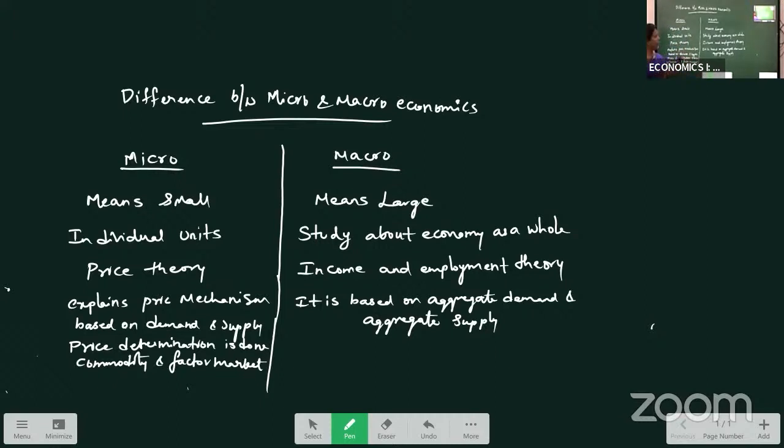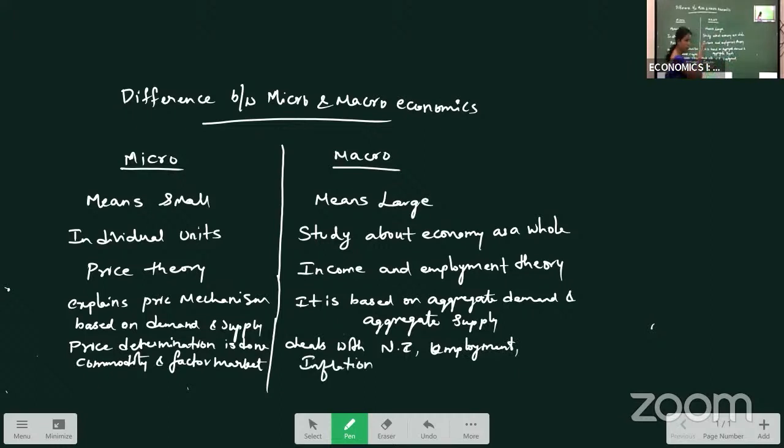The next one: in macroeconomics, what happens? When we study macroeconomic analysis, it deals with national income, right? Then employment levels in the country, how much employment there is, and inflation.